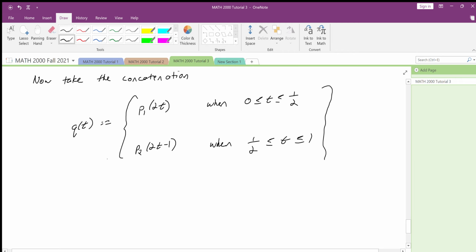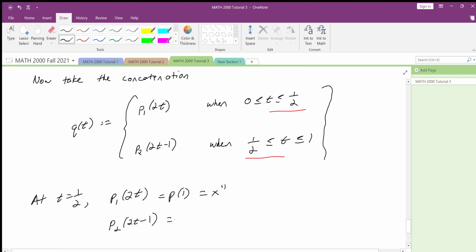Second, we have to check that this is well defined. Specifically, I defined this function at t equals 1/2 at 2 different points. So you have to check at t equals 1/2, P1 of 2t is equal to P1 of 1, and that's just x double prime. And P2 of 2t minus 1 is equal to P2 of 0, and that's also going to equal x double prime. So this function is well defined.